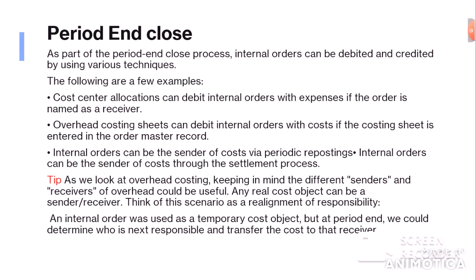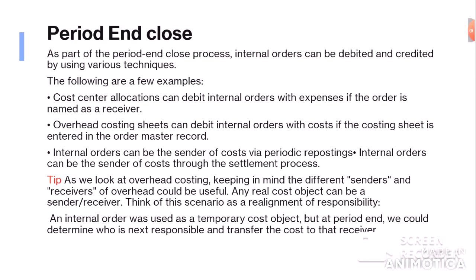Overhead costing sheets can debit internal orders with costs if the costing sheet is entered in the order master record. Internal orders can be the sender of costs via periodic repostings. Internal orders can be the sender of costs through the settlement process.